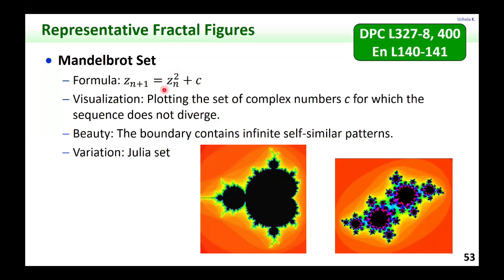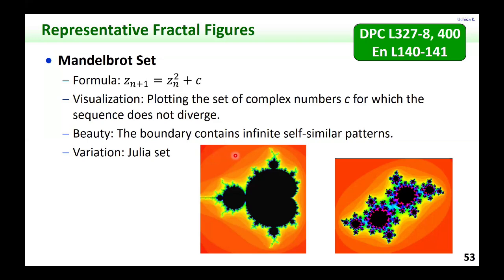And if the distance of the point from the origin is over 2, then we call it a divergent point. So these are the non-divergent black ones.